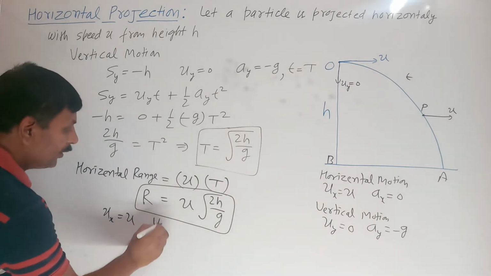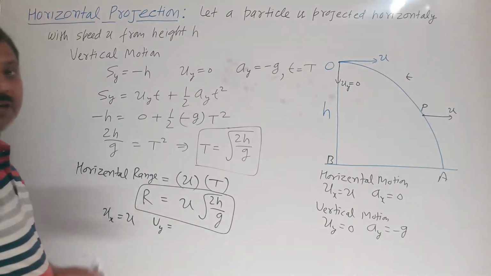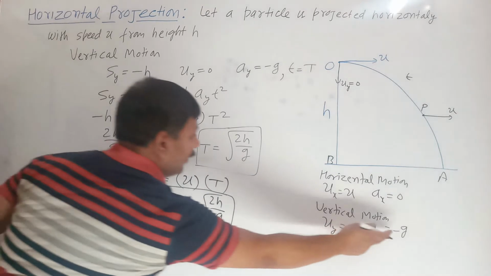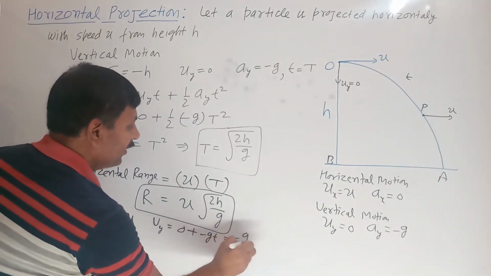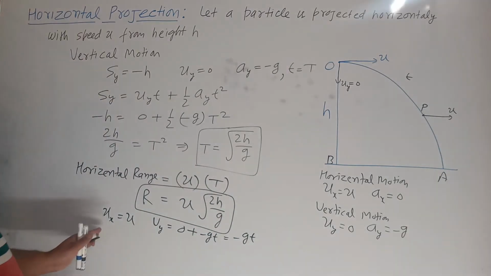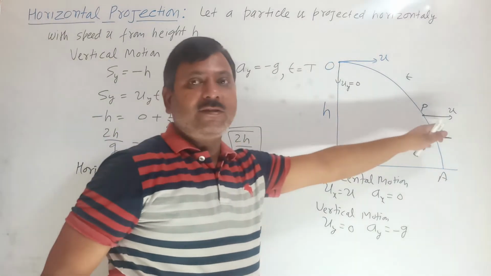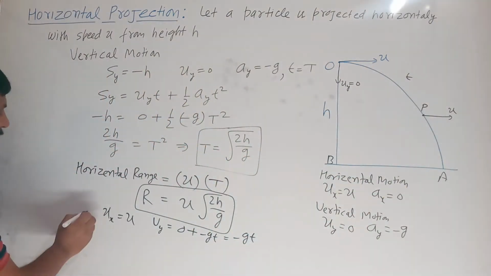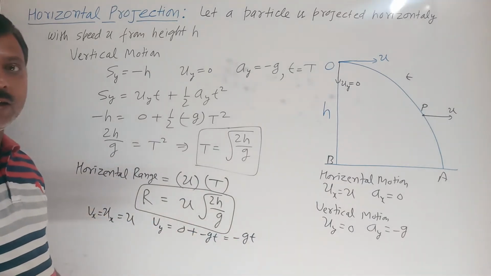The vertical component is Vy = uy + ay t, that is 0 minus g into t, so Vy is minus gt.